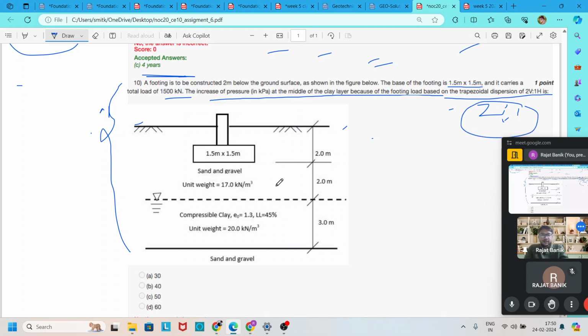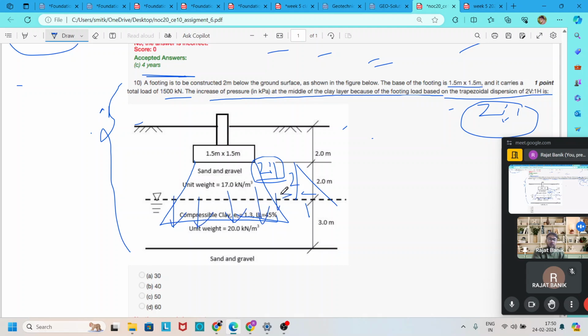So we need to find the increased pressure at the middle of the clay layer when the load disperses in a trapezoidal way at a 2:1 ratio. Vertical is 2 and horizontal is 1, that's a ratio of 2:1. The total load of 1500 kilonewton acts at the middle of the layer.